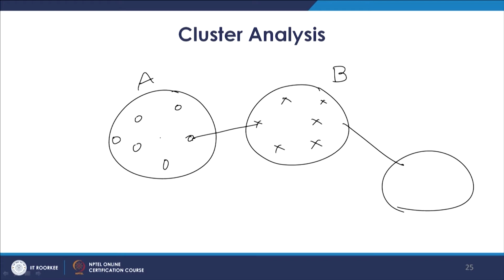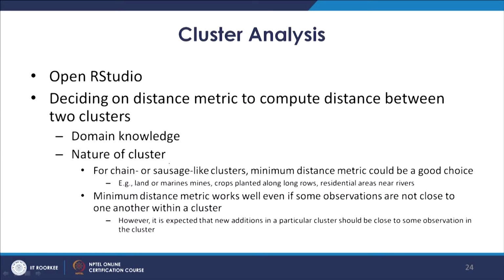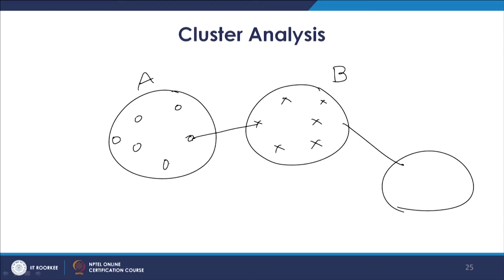Though these observations are distant from each other, they are still part of the same cluster. So, even if some observations are not close to one another, they can still be part of the same cluster, and the minimum distance metric could make that happen, because distances between clusters are computed in this fashion.